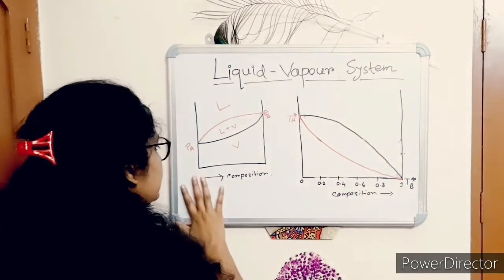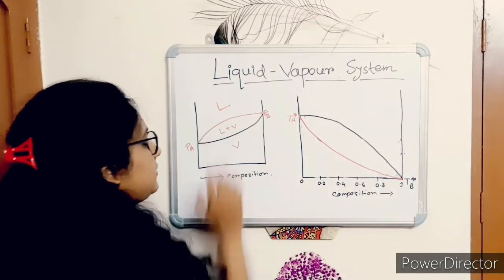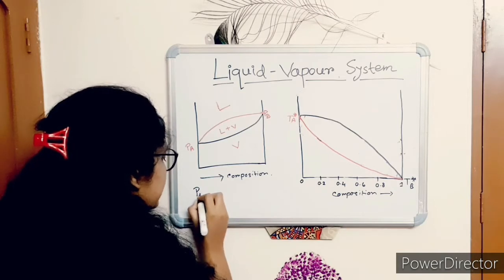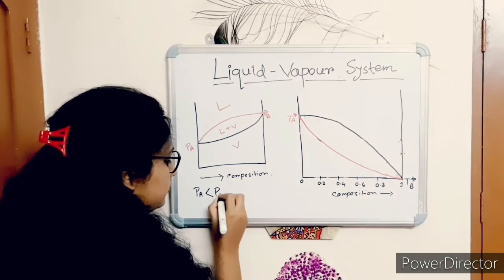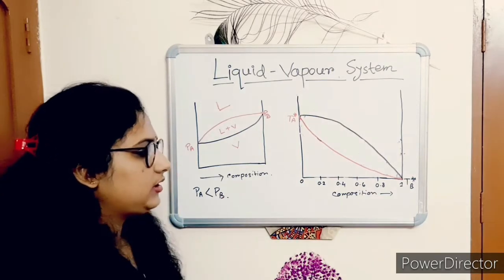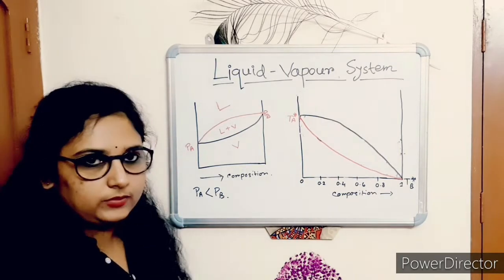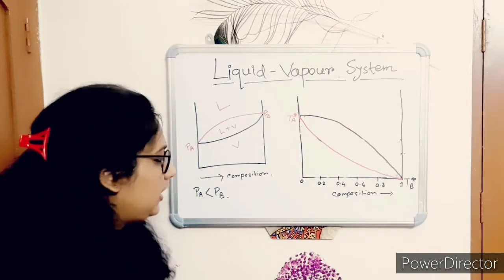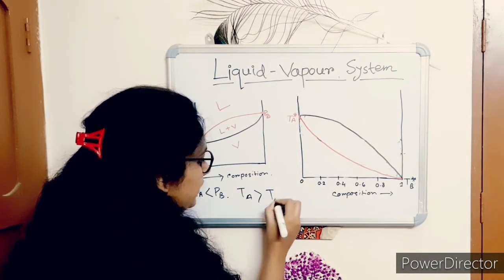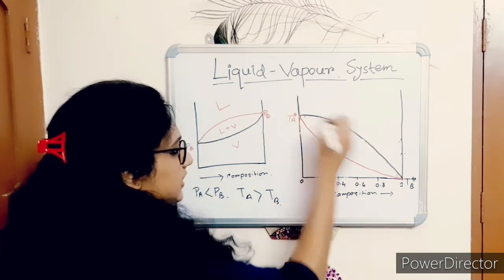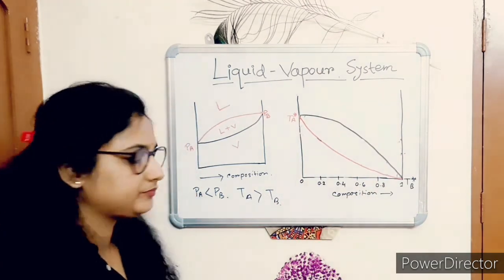In this case PA is less than PB, that is, the vapor pressure of constituent A is less than the vapor pressure of constituent B. So what will be the relation between the boiling points of these two constituents? TA is greater than TB.